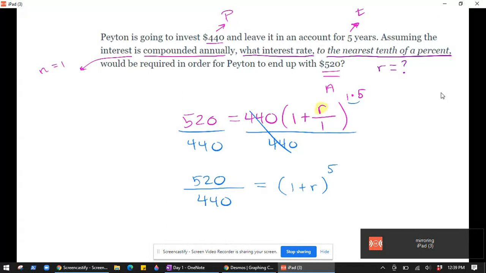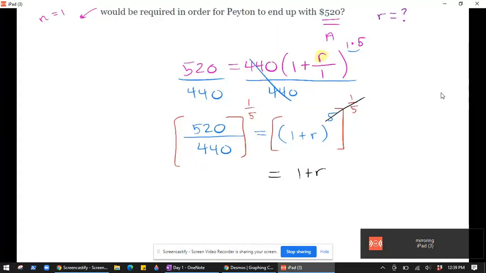So now I have to undo raising something to the 5th power, and I do that by raising it to the 1/5. So I have to raise both sides of this equation to the 1/5. That causes the right side to become 1 plus r. Now you can turn that left side into a decimal right now. I like to do that at the very end.